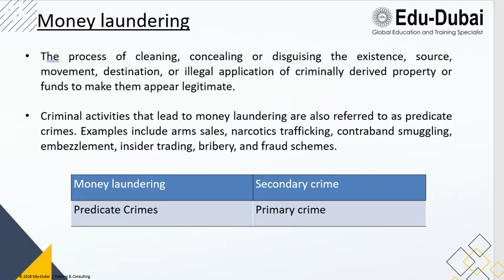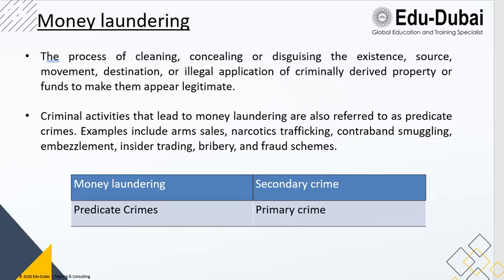So let's see the proper definition. The process of cleaning: we are cleaning an illicit fund. Concealing: we are hiding the source of the fund. And disguising: we are changing the shape, so that cash can become money in the account. So it is cleaning, concealing, and disguising the existence, source, movement, and destination.